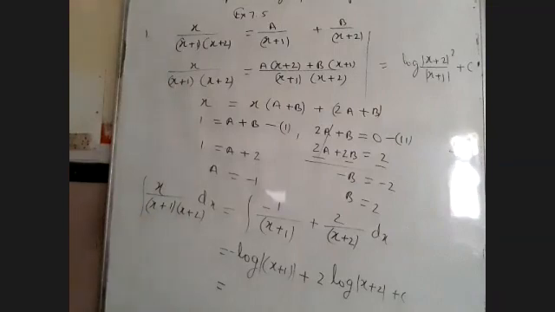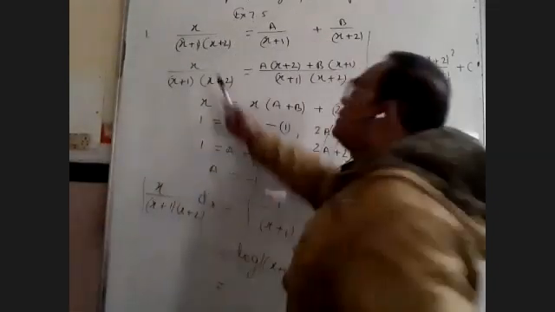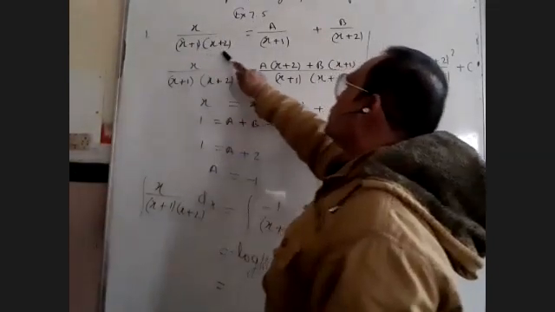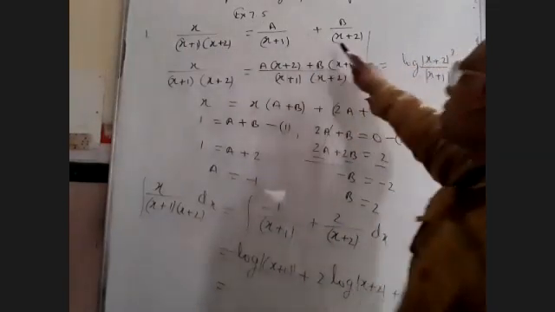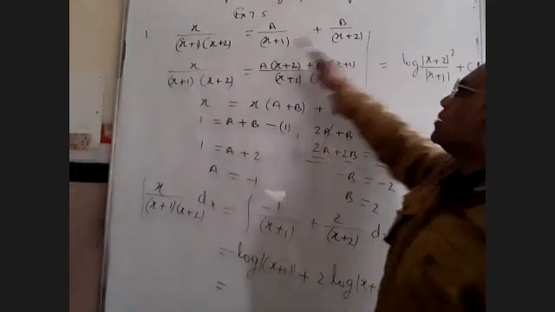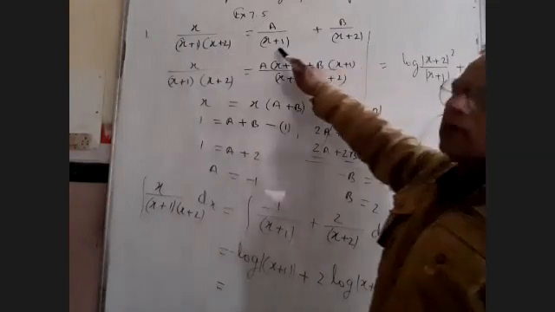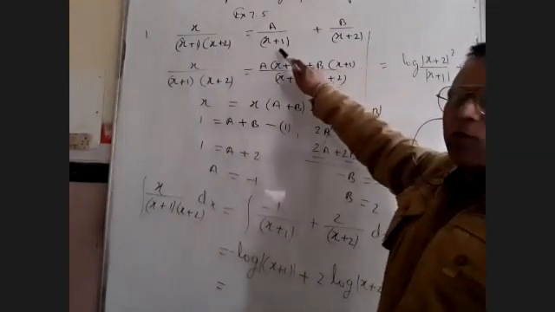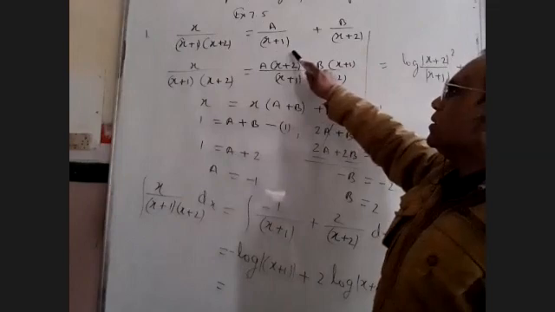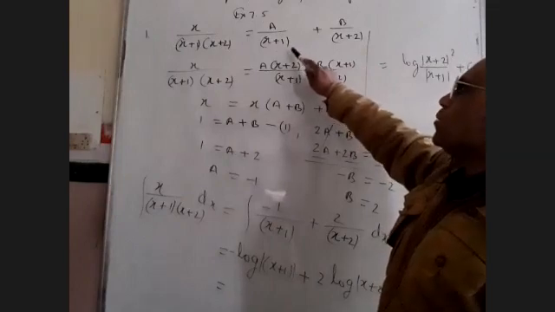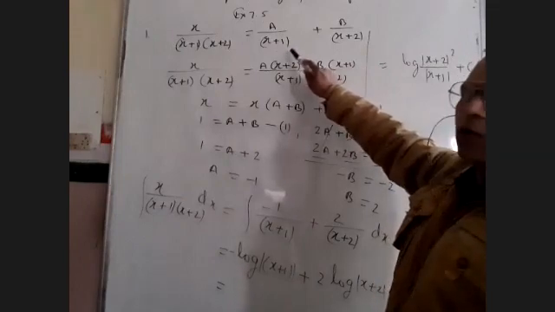I am just explaining again how we have solved it. First of all, we write this expression x upon (x plus 1)(x plus 2) into two parts, both linear parts, because these are easily integrable. This is the form of 1 upon x plus 1, and the integration of 1 upon x is log x.